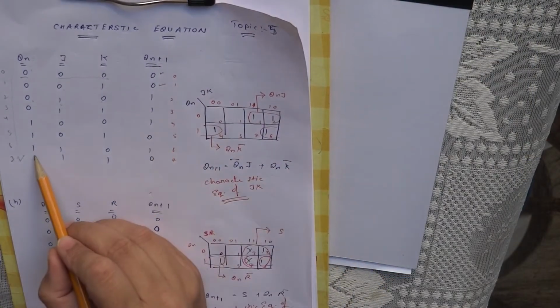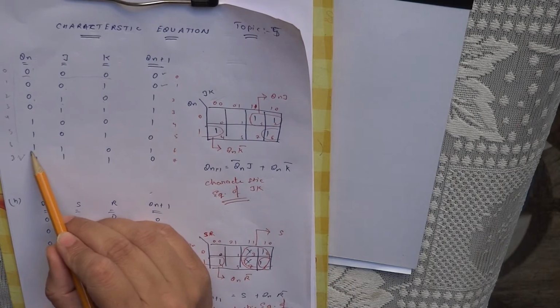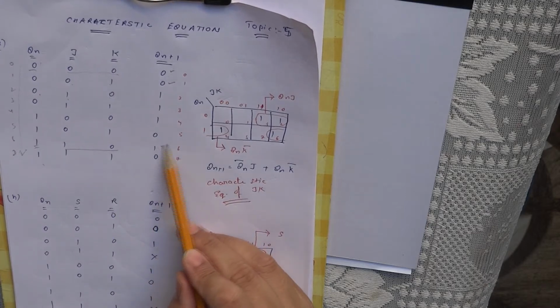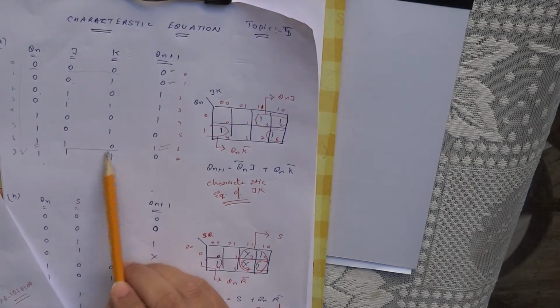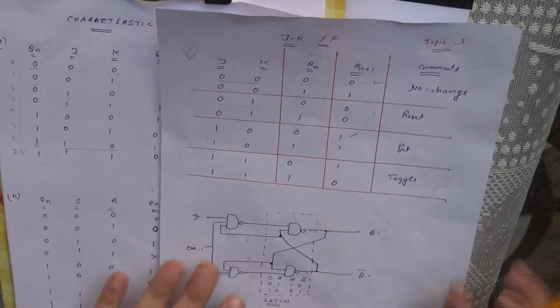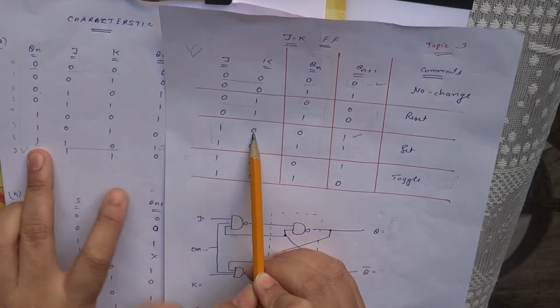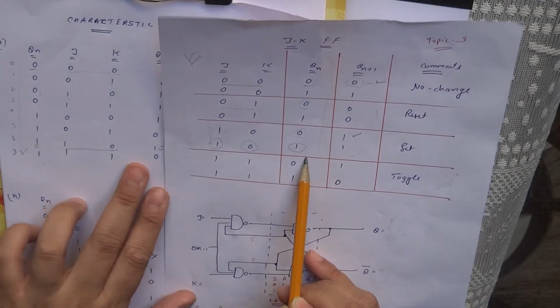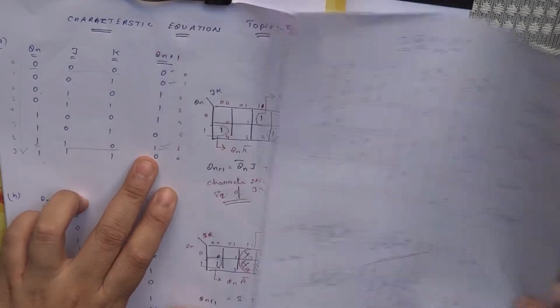For example, when Qn is 1 and J K is 1 0, your output must be 1. So J K is 1 0 and Qn is 1, and your output will be 1.